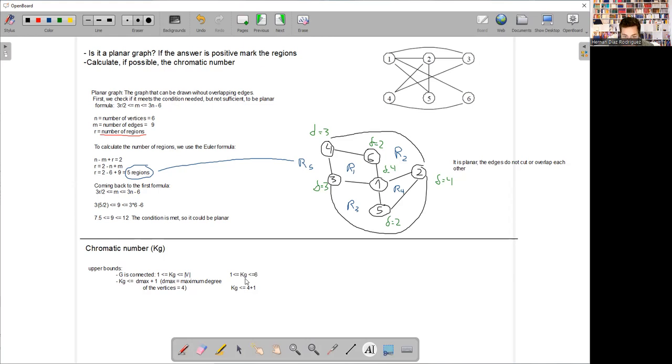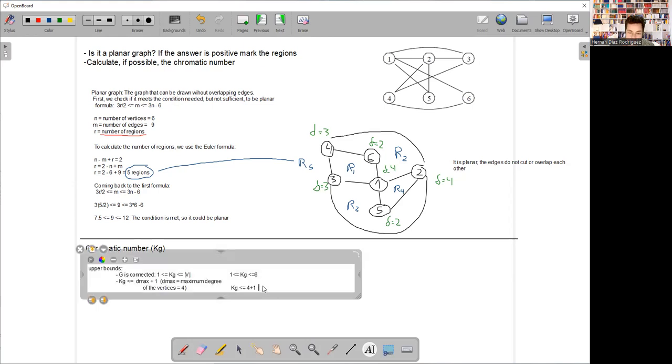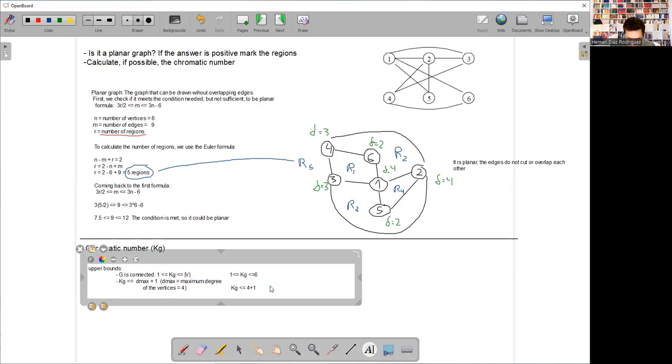So, okay, we have come down to the number 4 for the chromatic number, but we also know that any planar graph is 4 colorable, right?